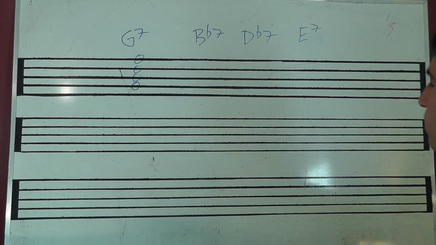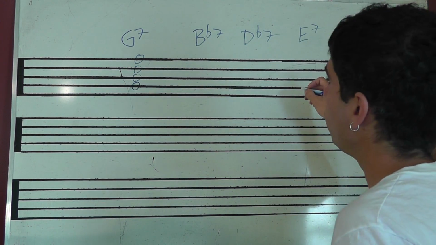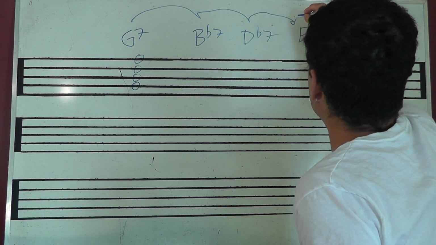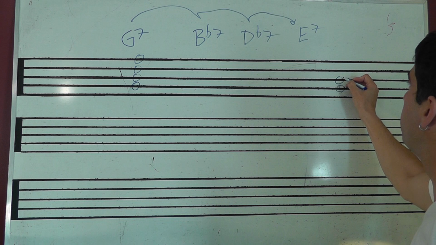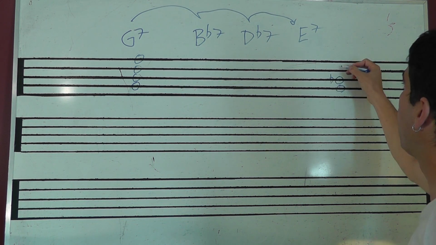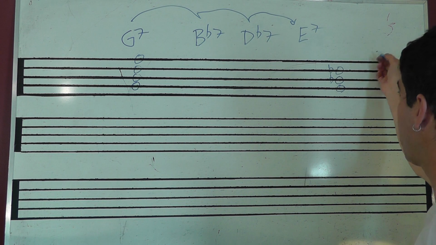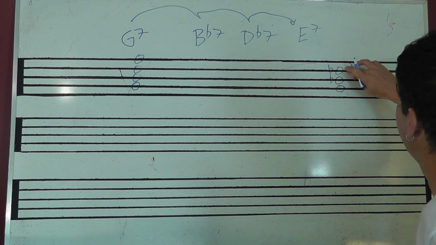So why these chords? Well, if you built a chord using just these notes, you'd have G, B flat, D flat, and E, or F flat, but I'm not going to even entertain that.